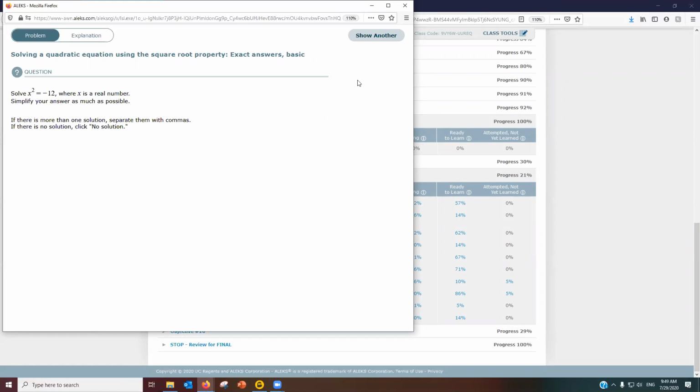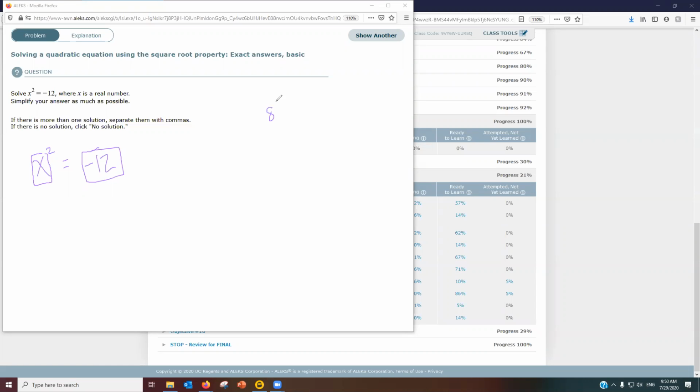All right, now this one is asking us to solve an equation, and it says x squared equals negative 12. All right, now before I do this, let me think about this for a second. Well, I'm going to try to square a number and get the answer negative 12. Well, if I square a number, that answer always has to be positive.